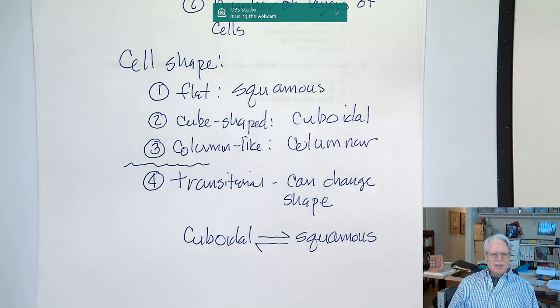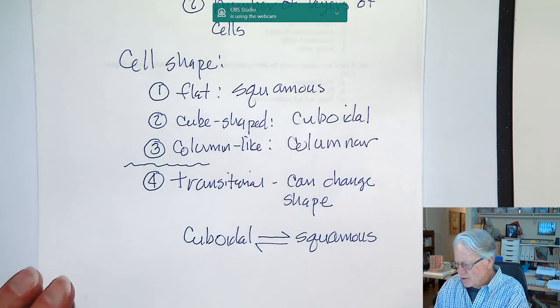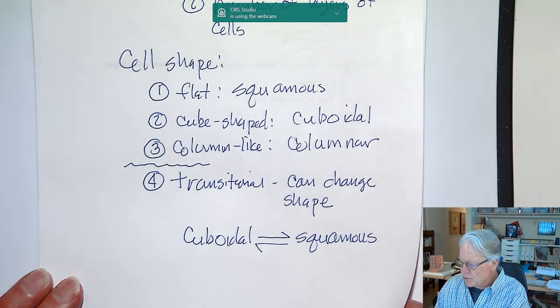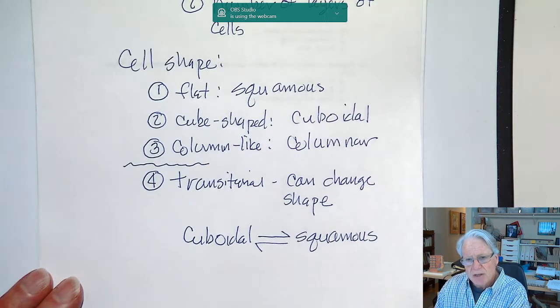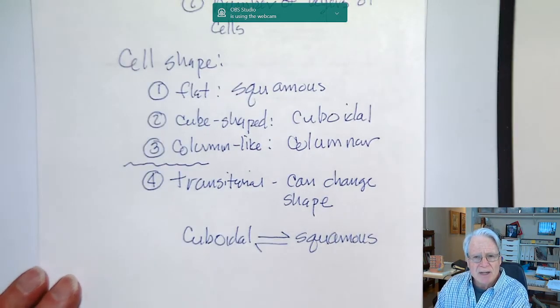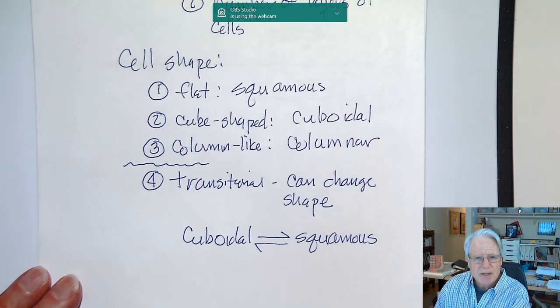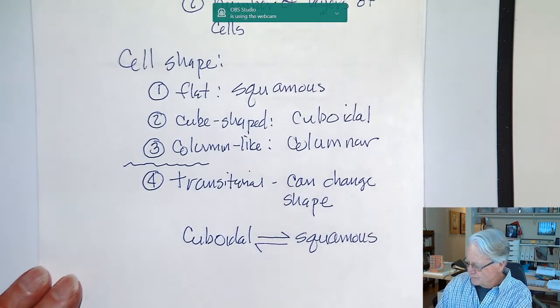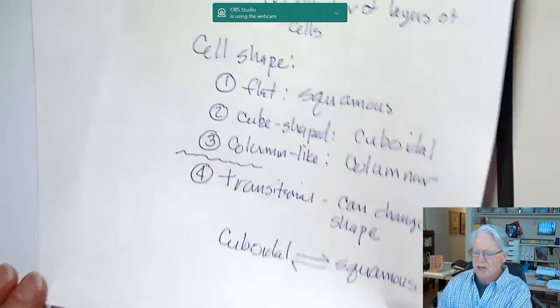And transitional cells are going to give us that function. So cell shape: flat, squamous; cube-shaped, cuboidal; column-like, columnar. And then there is transitional. All right, so that's cell shape.